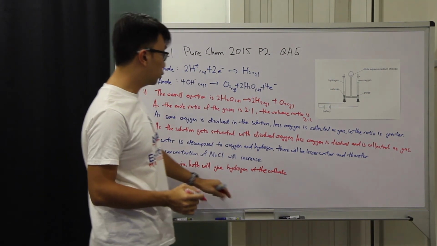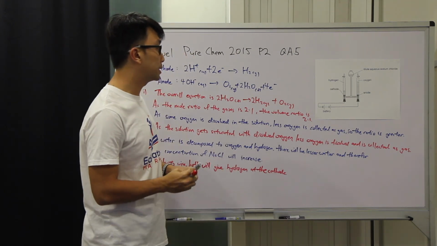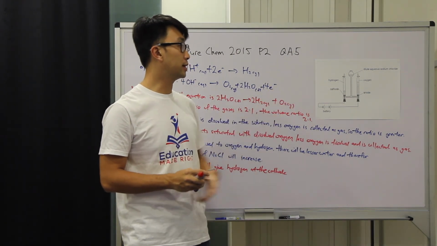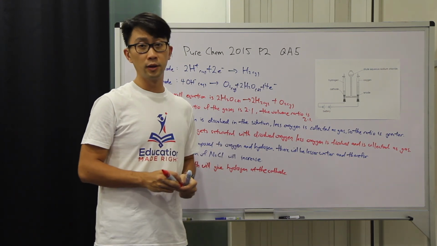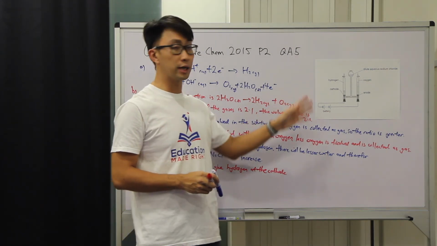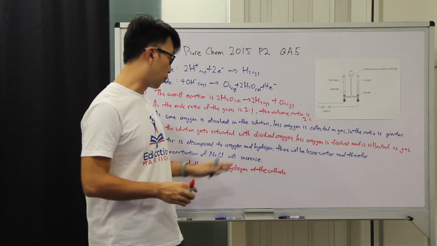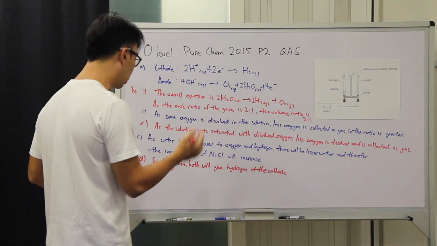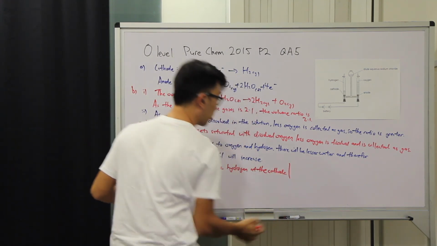At the cathode, if we consider the two cations that are present, which is the hydrogen and the sodium, the ease of discharge for hydrogen ions will be a lot higher. Therefore, for both of them, hydrogen will be collected. But the anode will be a little different.